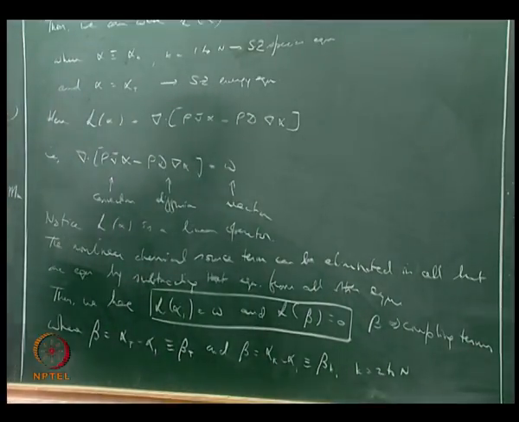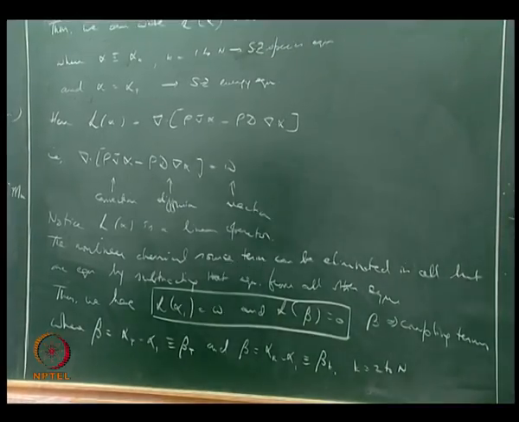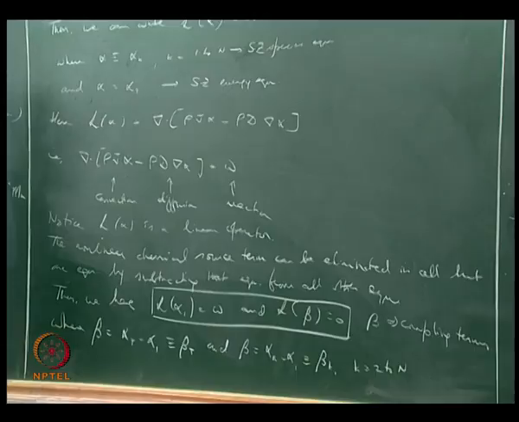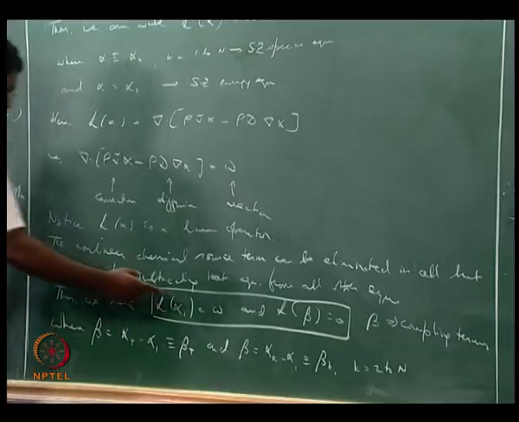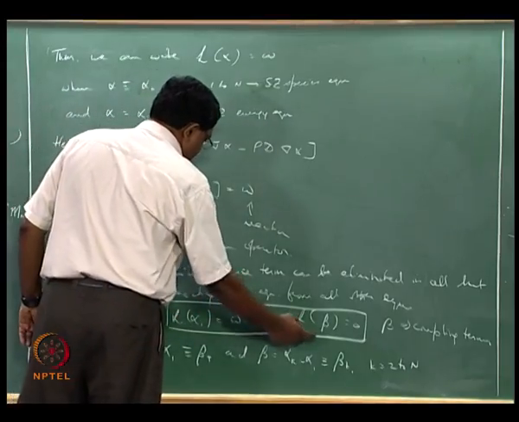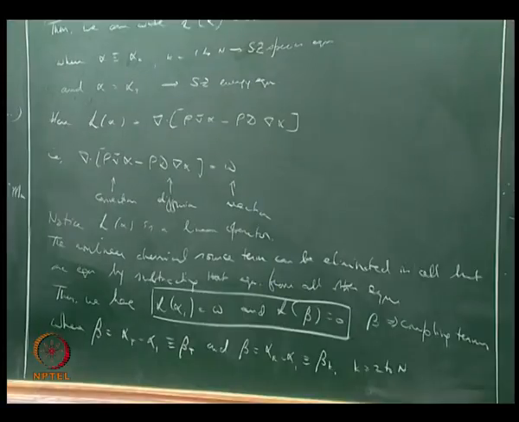So you now have linear homogeneous n minus, wait a minute, this is one equation, this is actually again n minus 1 plus 1. Originally we had n plus 1 equations, n species equations and one energy equation.